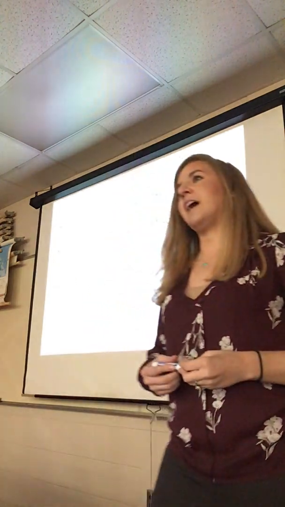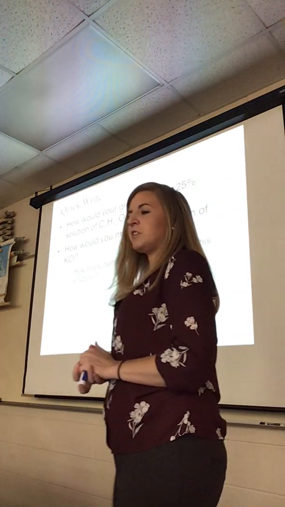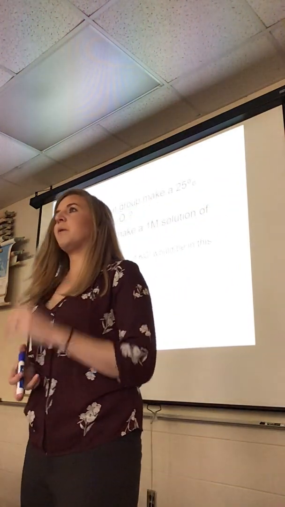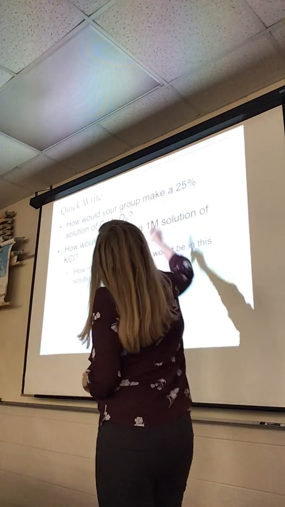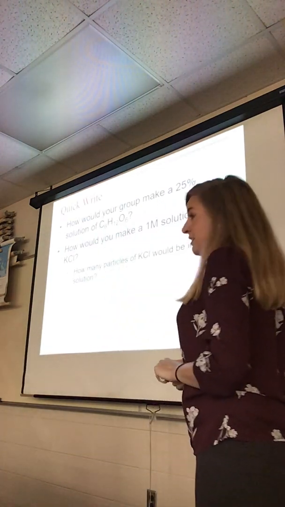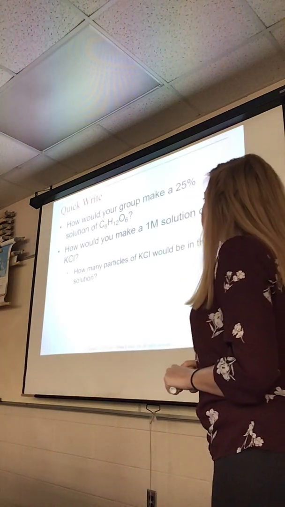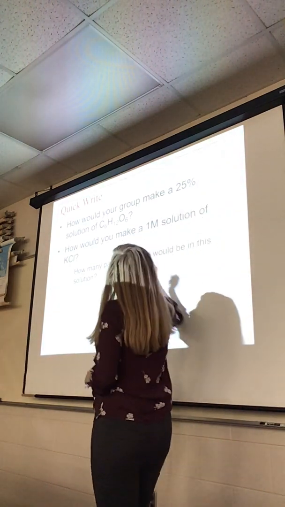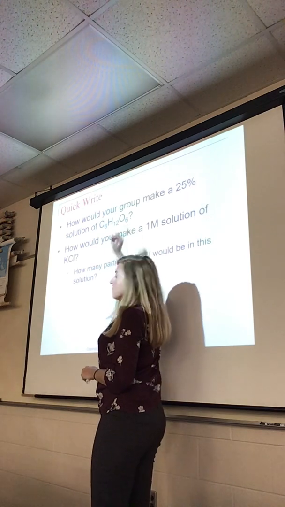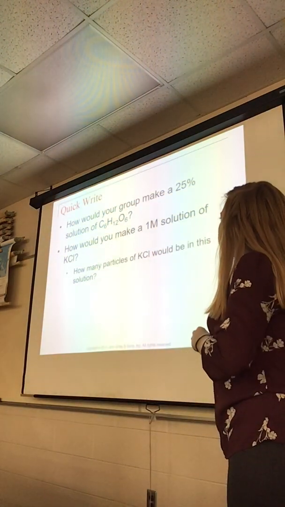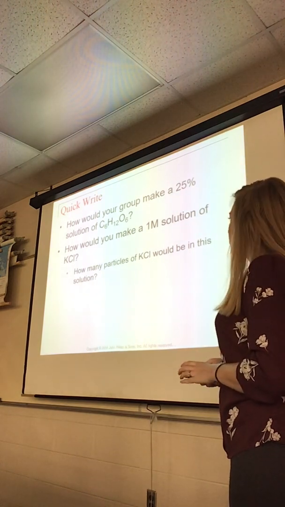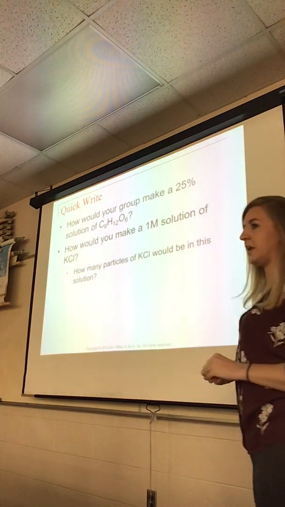So let's practice that. Just with the person sitting next to you, and you may want to try this yourself, see if you can come up with how to make a 25% solution, so that's a percent solution, of C6H12O6, this is glucose. And then decide how you would make a 1 molar solution of potassium chloride, and how many particles would be in it.